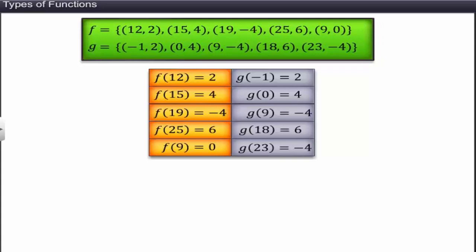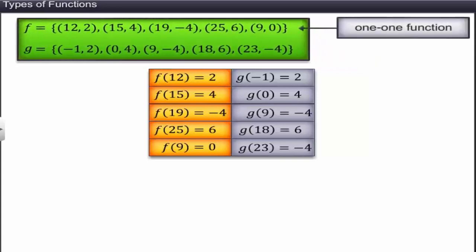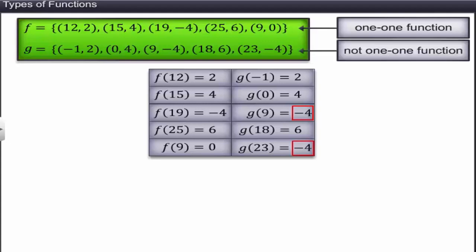Therefore, the given function is 1-1. However, in the second case, the image of 9 and 23 is -4. It means that g(9) and g(23) are equal to -4. Hence, the function g is not 1-1.